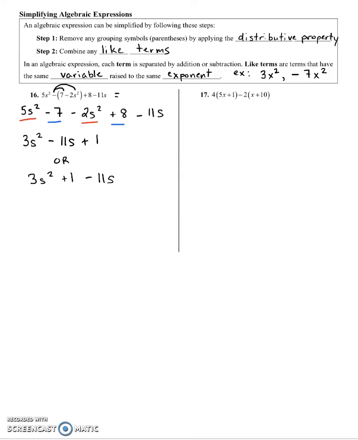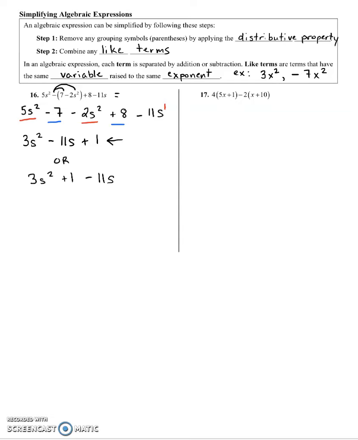Then I went down to the single power, so a regular old s is like having an exponent of 1. And then I went down to the constant term that doesn't have a variable. And this way is just like the normal way we write it in math. This second way is not wrong, it's just not how we usually write things.